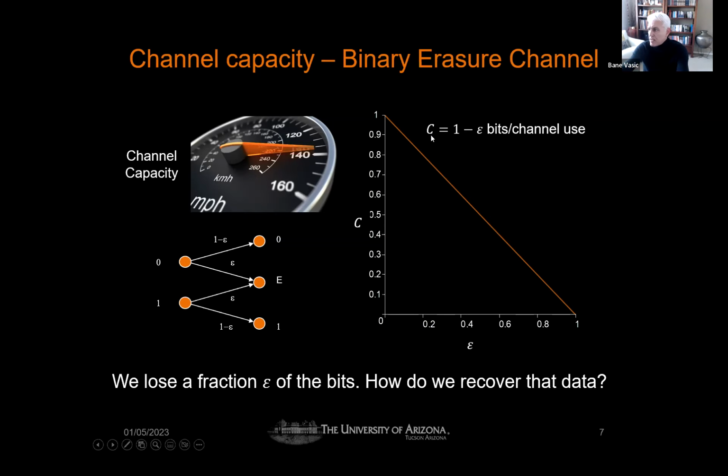This channel capacity is the maximum information that can pass through the channel, and it has a very important meaning for error correction. For error correction codes, this value C will determine the highest rate of the code that we can design for this channel.